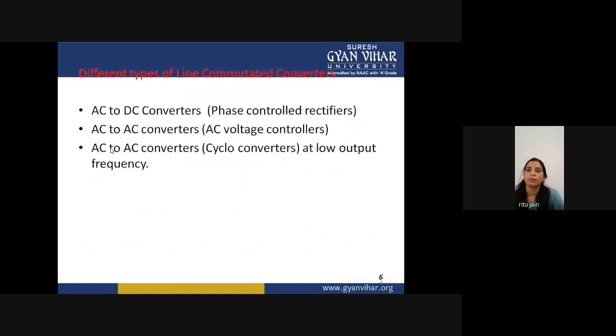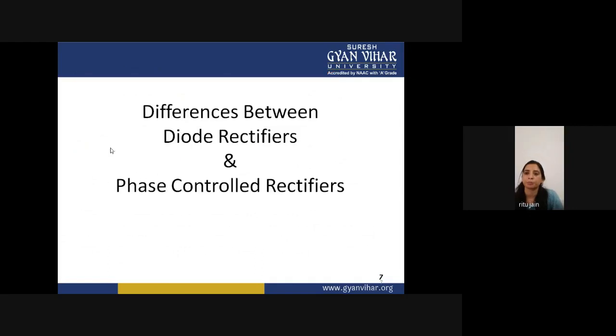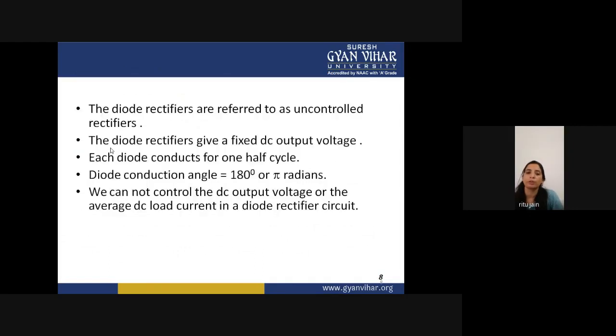There are different types of line commutated converter. One is the AC to DC converter, AC to AC converter, and AC to AC converter at a low output frequency. So first, if we go to the controlled rectifier or controlled converter, we have to understand what an AC to DC converter is.